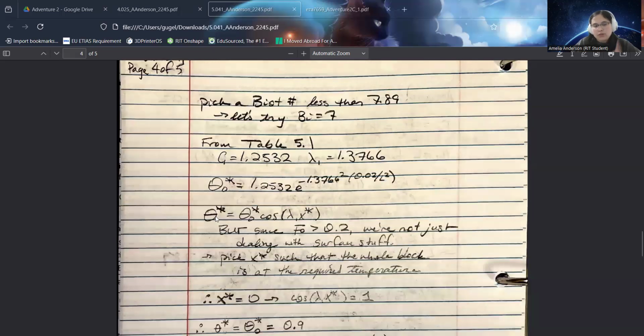But we also remember two things. One, theta star is equal to theta naught star times this cosine function. But since Fourier is 0.2, we're not dealing with just surface stuff. This is not a semi-infinite solid. Well, we're assuming it's not a semi-infinite solid. So we need to pick x star such that the whole block is at least at the minimum temperature. If you had a big concrete slab and you blasted it with radiation for like 10 seconds, sure, the top inch or whatever is going to be extremely hot, but deeper in, it could be okay.